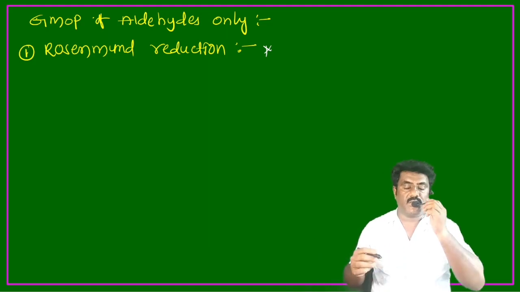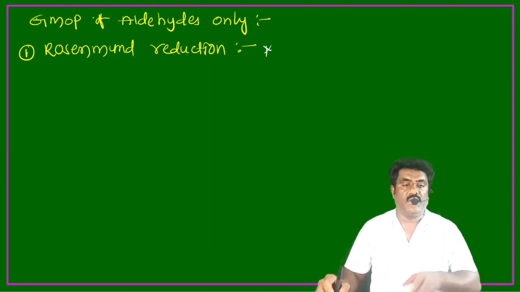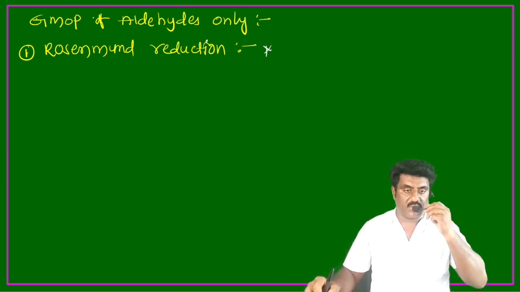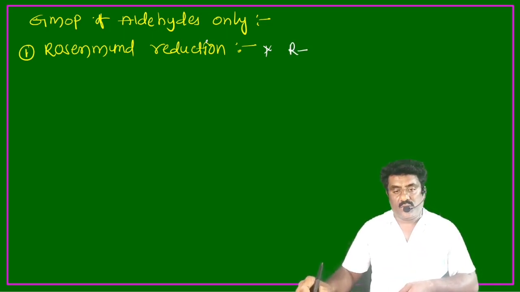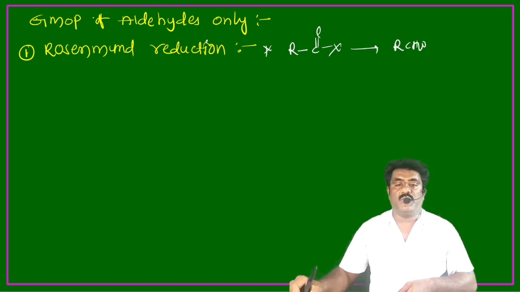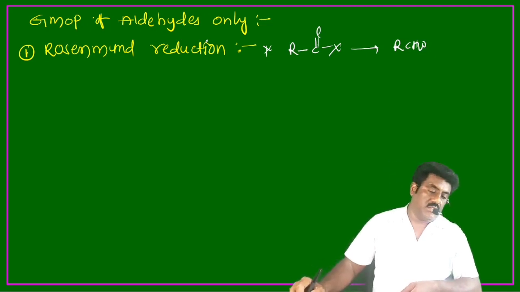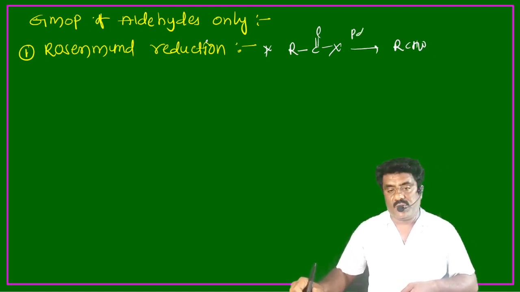See, general methods of preparation of aldehydes only. The name of the method is Rosenmund reduction. The Rosenmund reduction is the conversion of acyl chloride, or acyl halide, to aldehyde. What is the reagent? The reagent is palladium on barium sulfate.